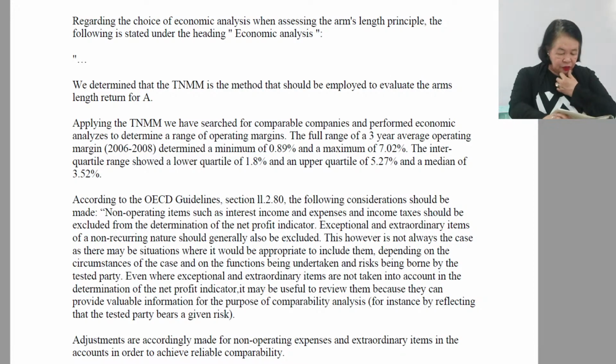So the full range of a three-year average operating margin 2006 to 2008 determined a minimum of 0.89% and a maximum of 7.2%. No? So the interquartile range showed a lower quartile of 1.8 and an upper quartile of 5.27 and a median of 3.52.